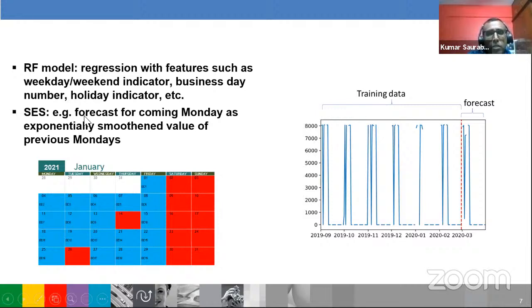Select which of these two models is performing better on a given data set, and use that model to make the forecasts for the coming week or next 1 or 2 weeks, right? So with that, we were able to generate forecasts for the next 2 weeks ahead within the acceptable level of accuracy, right?